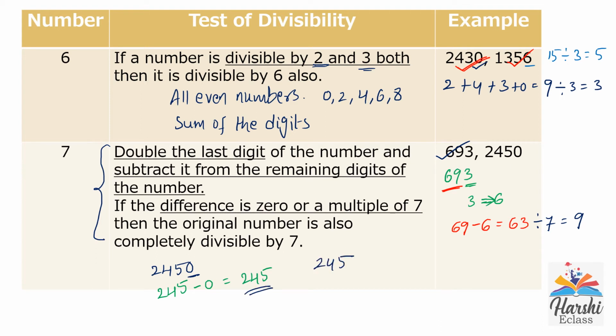Here the last digit is 5, double the 5. 5 twos are 10. Subtract that from 24. 24 minus 10 is equal to 14. 14 is completely divisible by 7. 14 is a multiple of 7. So 2450 is also divisible by 7.